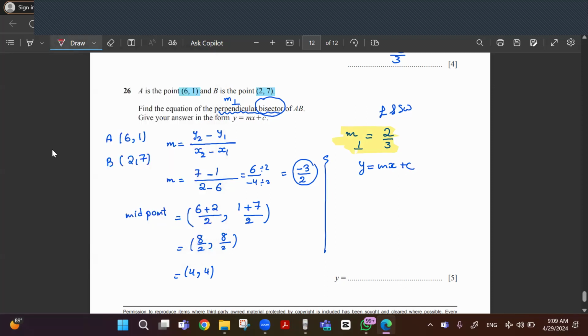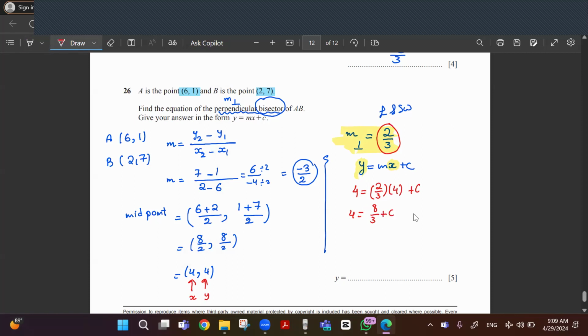Then I will go to the equation, which is y equals mx plus c. I have here the point, and I have also m. So substitute here, this is x and this is y. So 4 equals the gradient I'm going to use, 2 over 3, multiplied by x, which is 4, plus c. Why am I doing this? To get the y-intercept. So 4 equals 8 over 3 plus c.